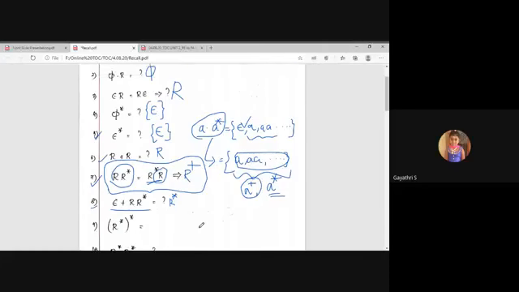You can neglect the epsilon, so R closure, keep as it is, or else you can put R plus. R closure means R plus. Next, the ninth one.